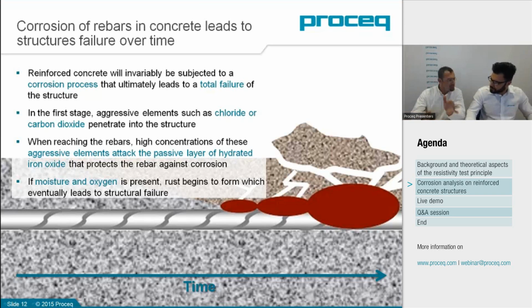Keep in mind that at this point we still have seen no damage in the concrete. It's just that it no longer grants protection to the steel. Now, especially if other aggressive agents are present, such as chlorides, corrosion will begin. And the fact that corrosion begins will involve actual damage to the concrete.